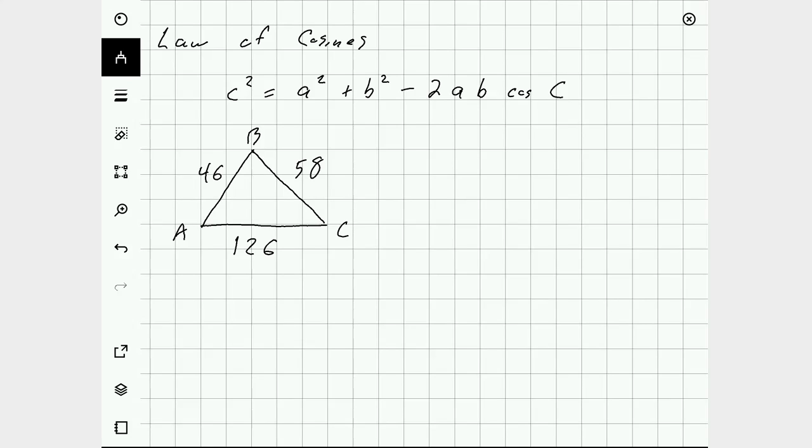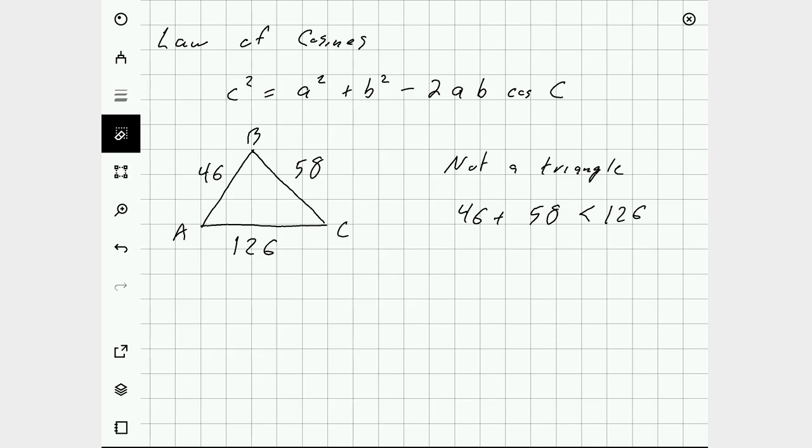So taking the long route saves you 22 inches. If that makes no sense to you, I agree. This is not a triangle because 46 plus 58 is less than 126. Your biggest side is bigger than the other two sides combined. When that happens, you do not have a triangle and your work is done.